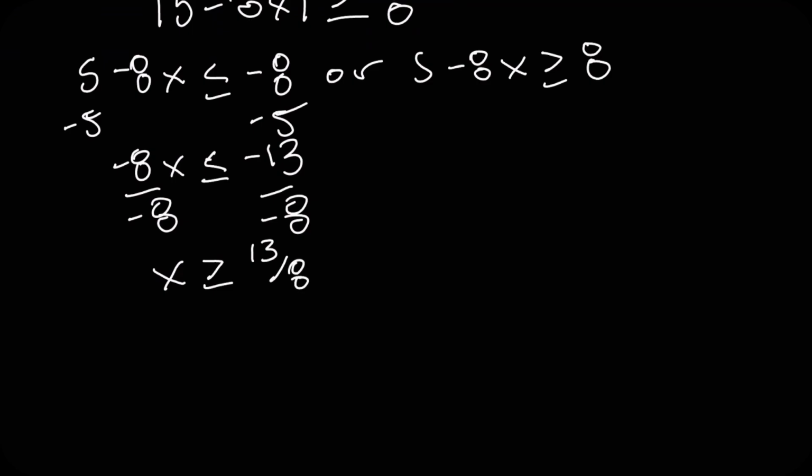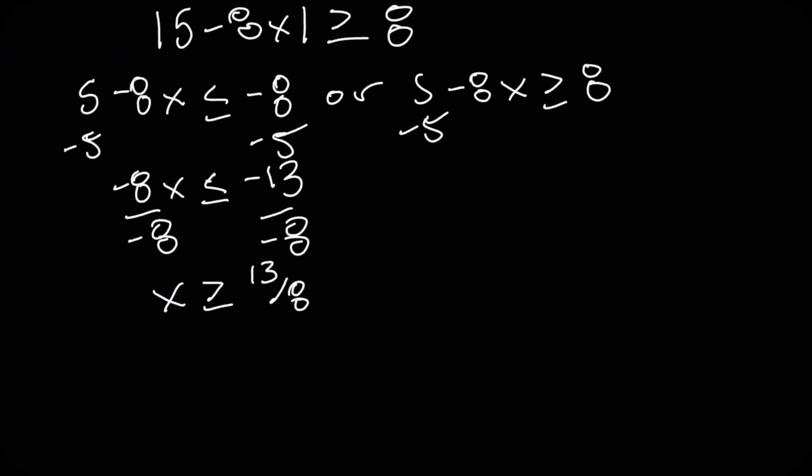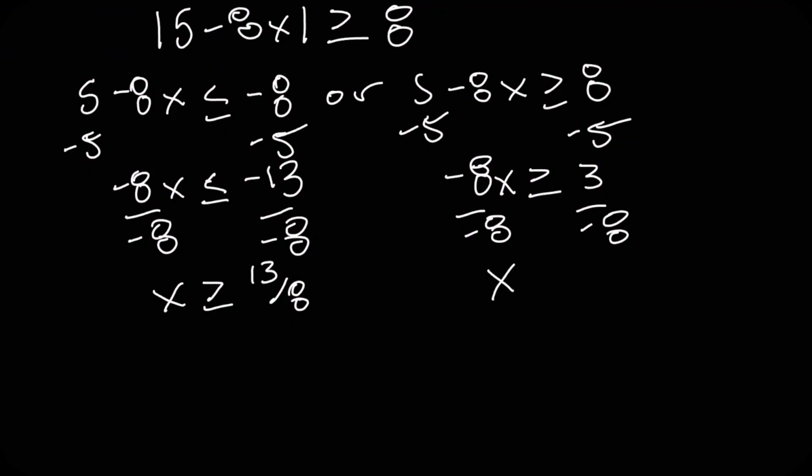And then our other equation, go ahead and subtract the 5. Subtract the 5. Negative 8x is greater than or equal to 3, divided by negative 8. X is less than or equal to, need to flip your signs because we're dividing by a negative, negative 3/8.